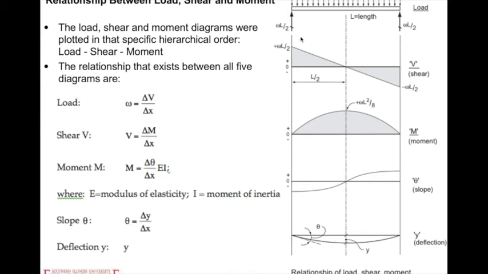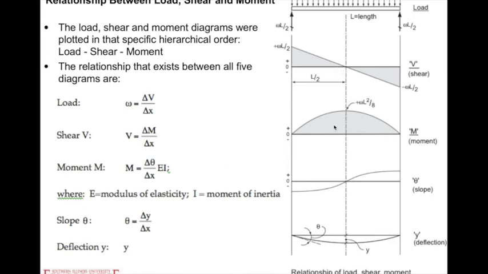If we put it in this order, from the bottom up, each one's slope is equal to the previous diagram: the first derivative of the moment is equal to the value of V at the same given point, the changing rate of theta is equal to M, and the changing rate of the deflection is equal to theta.